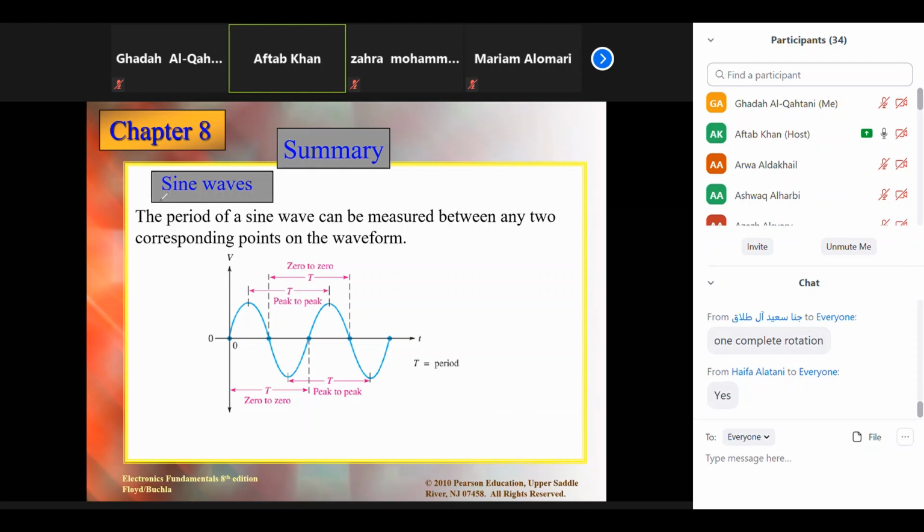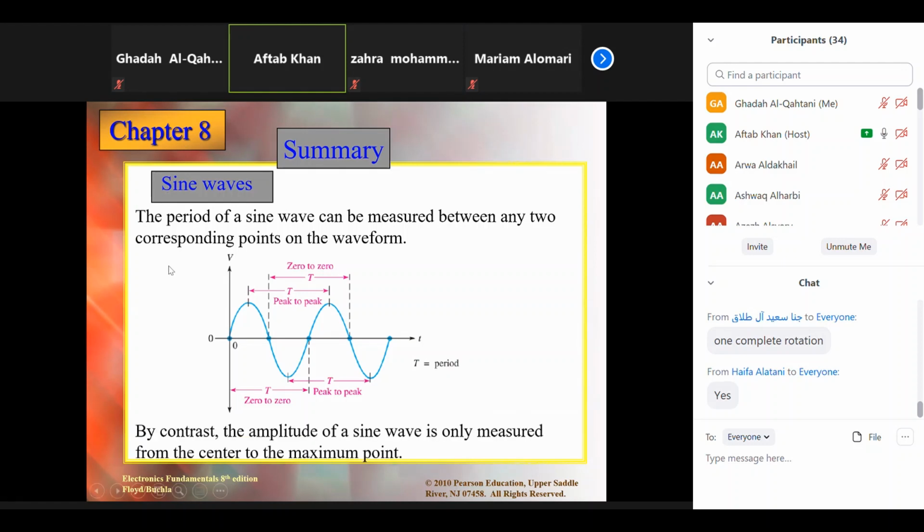By contrast, the amplitude of a sine wave is only measured from the center to the maximum point. Time period can be measured from different corresponding points, but the amplitude must be measured from the center to the maximum point. I can measure amplitude at this point only.